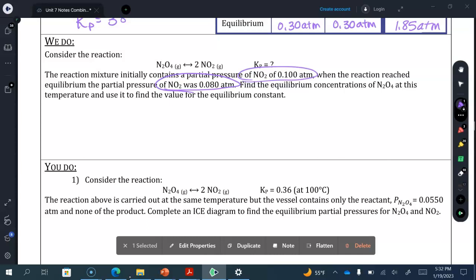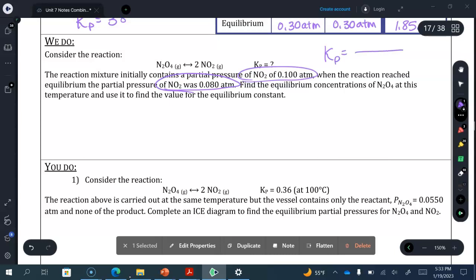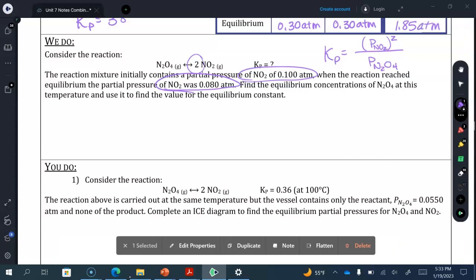One of our first steps is to write the equilibrium expression. That is going to be the pressure of NO2, because I'm given pressure units and these are gases, squared, over the pressure of N2O4. Now that I have that, I can set up my ICE table.